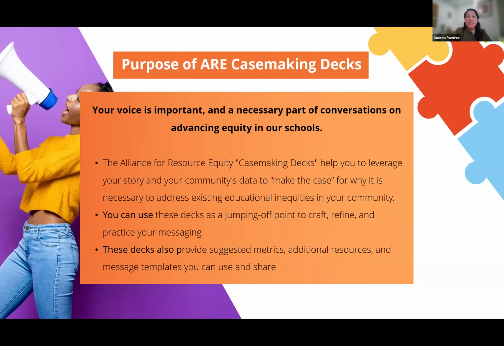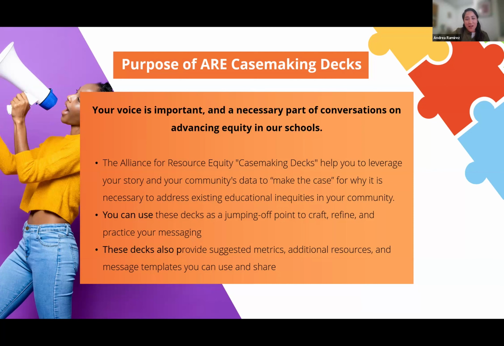So the tool you're going to see today is broken down into 3 sections. We're going to go over issue and impact, building your message, dismantling opposition, which is, again, a necessary part of making sure your messaging is speaking to an audience and can dismantle any opposition or negative messages that might be thrown your way. And we're going to hit on all of these sections as well as have some time for checks for understanding and some activities where you'll actually get to engage and craft your own messages.